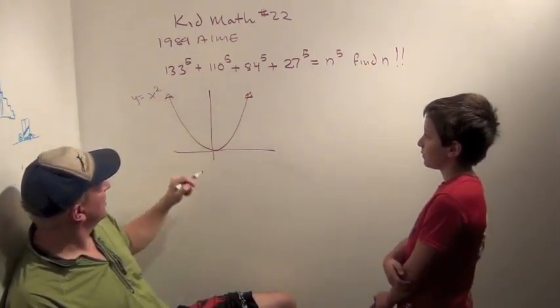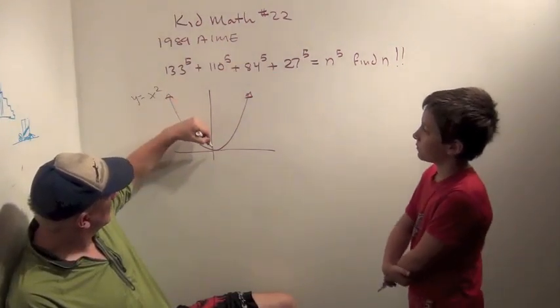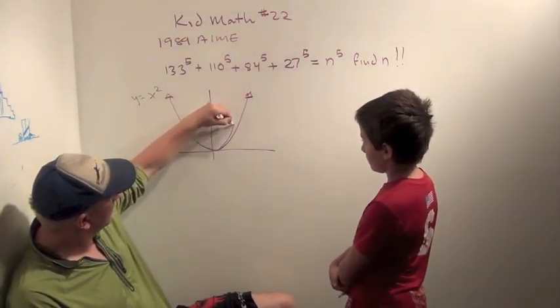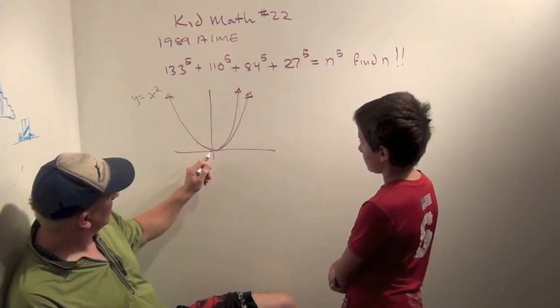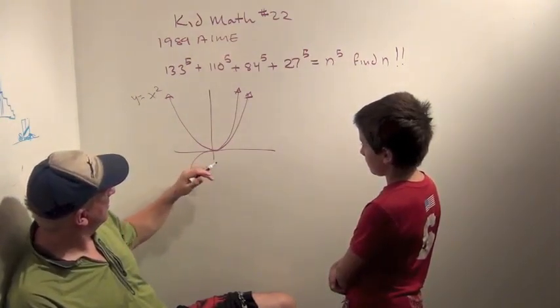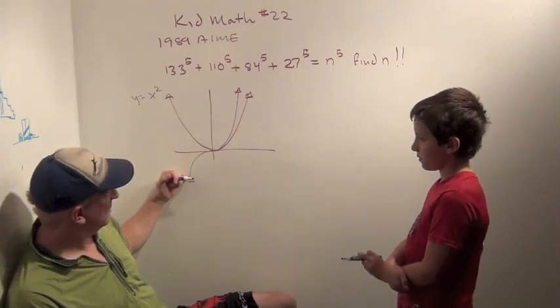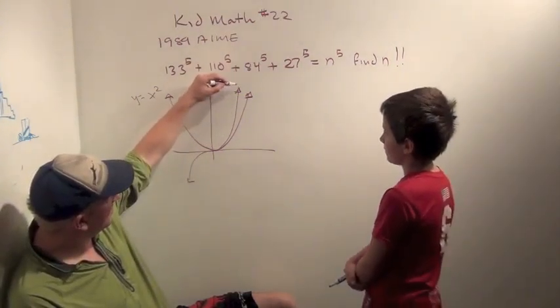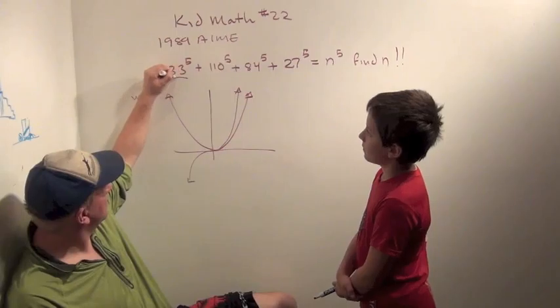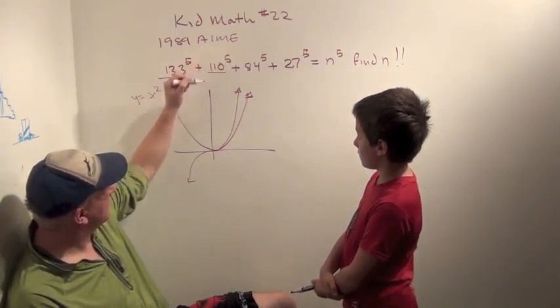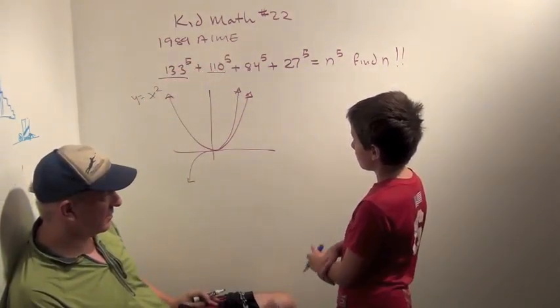And looking at graphs. X to the fifth is going to be even steeper. And it goes out like this because a negative number to the fifth power is negative. Okay. So this is a super steep graph. So 133 to the fifth is a lot bigger than 110 to the fifth.